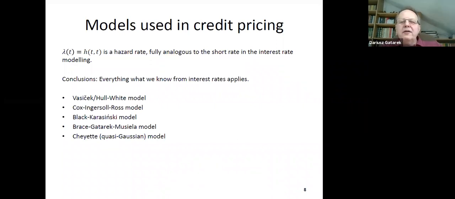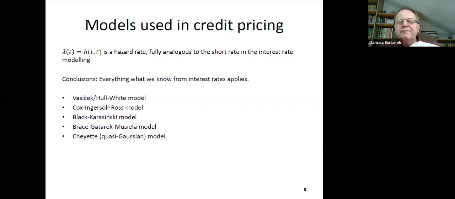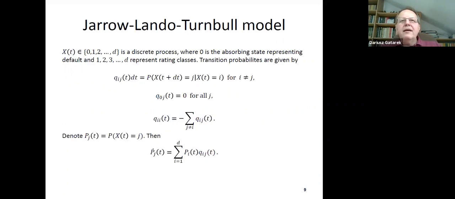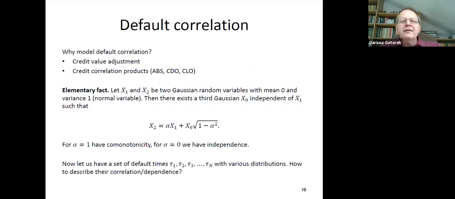You know, the credit products are much less liquid than interest rate products. So as far I don't know about any products which are exposed to correlation of hazard rates and interest rates. So in practical applications, we assume that they are independent. So that was the second lie.